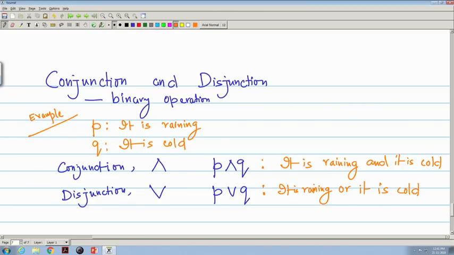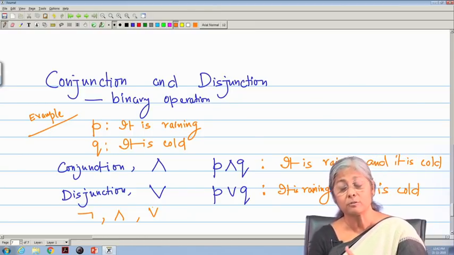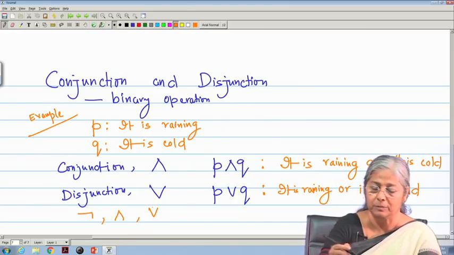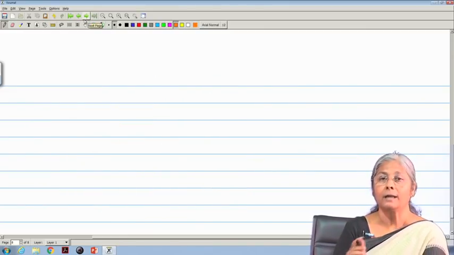So, these are the three basic operations on propositions that we will be reading: negation, and, or. As we said earlier, these compound propositions obtained from there are also propositions, so they are either true or false.